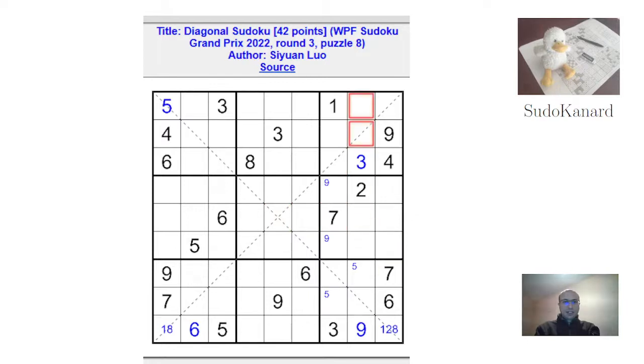7s here, see there's a 7 somewhere in those cells. What do we have? We don't seem to have a lot about the diagonals. Oh yes, 9 here, so there's no 9 on this part of the diagonal. 9 here, so there's no 9 here. So there has to be a 9 on this part of the diagonal, and it's not in the center.